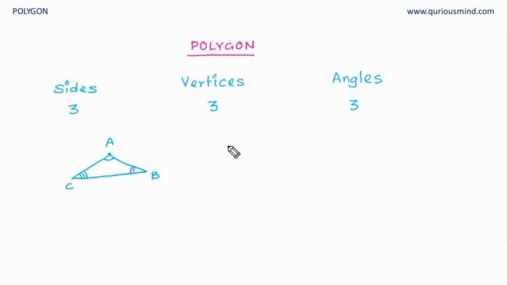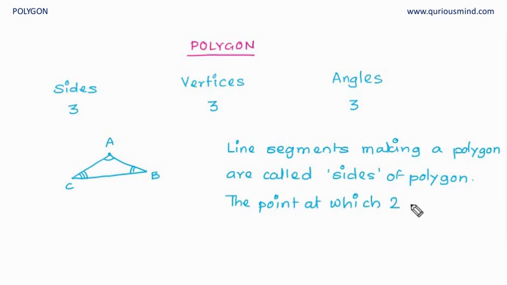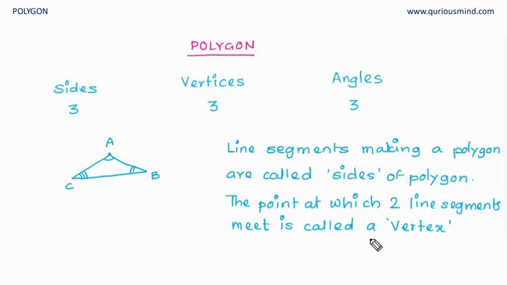So what we learned, line segments making a polygon are called sides of polygon. And the point at which two line segments meet is called a vertex.